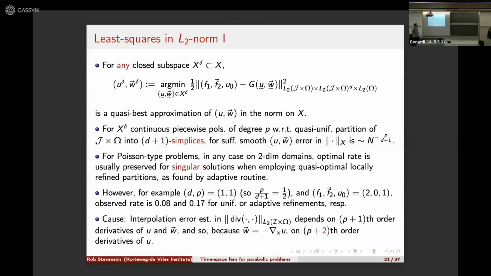And this has a reason. This is part of the graph norm, and the interpolation error in this term depends on the p plus 1 order derivatives of u and w. But because w is the spatial gradient of u, it depends on the p plus 2 order derivatives of u.